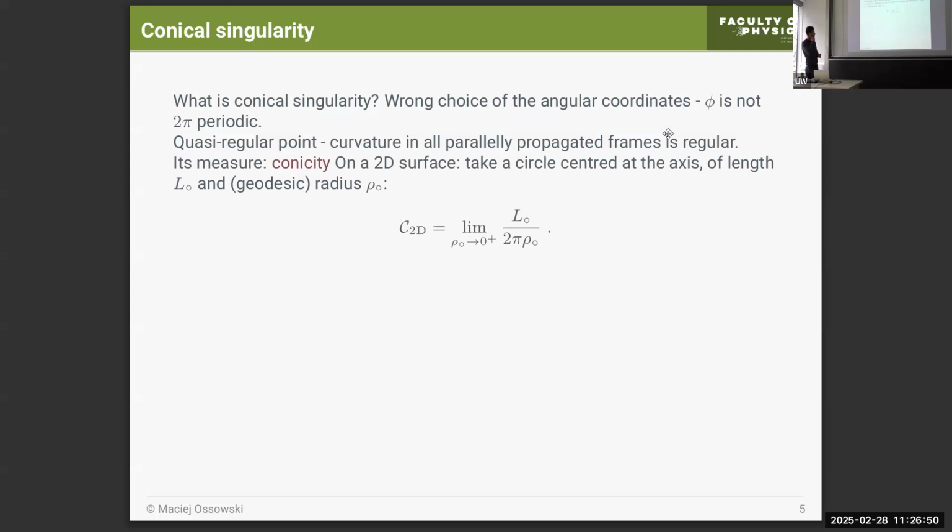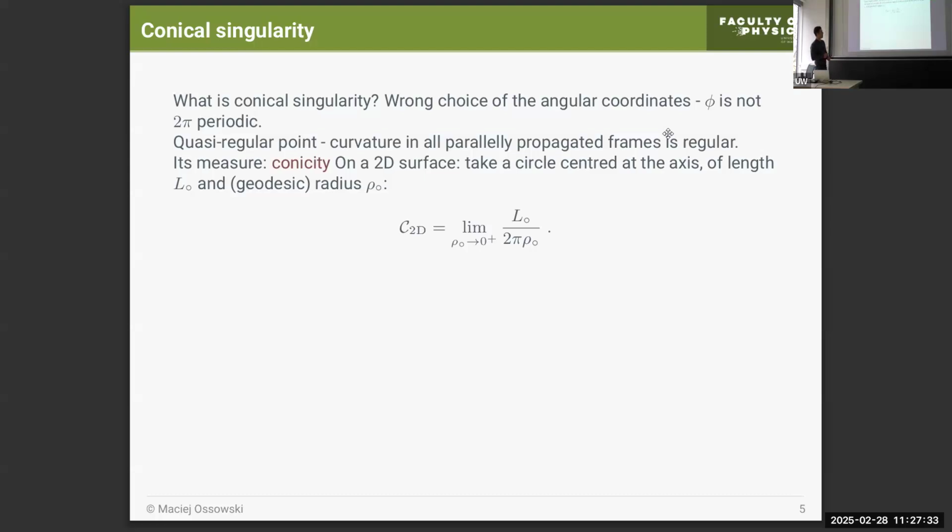And there's another popular notion which is called conicity. It's a quantity that measures the strength of this singularity. Again, it's easier to imagine on a two-dimensional surface. It's calculated by the so-called circumference to radius test. What you do is you take your axis and draw some circle around it. This circle has a length L₀.